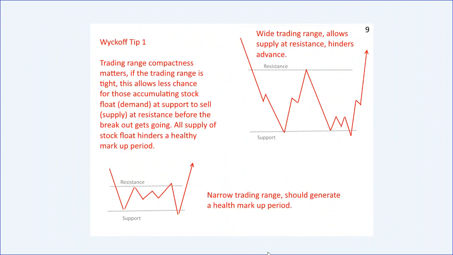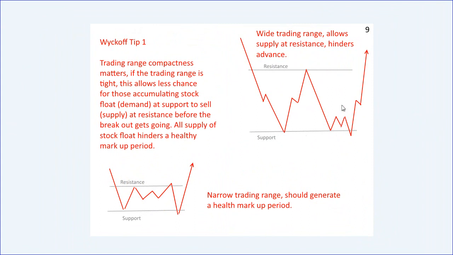And okay, so Wyckoff tip 1. Trading range matters. The tighter the range between the support and resistance matters. If you've got accumulation going on, you do not want those who've accumulated to unwind or sell their float before the breakout.